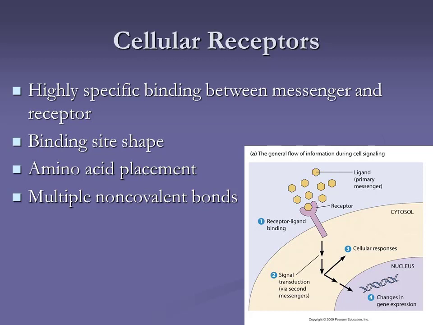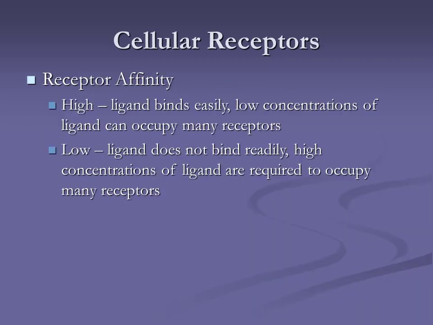The other factor in signaling is going to be how strong a receptor can bind to the ligand. This is referred to as affinity. Think of magnets. Have you ever played with magnets before? Like refrigerator magnets you may have, or some little toy magnet. Yeah, that's one thing. Have you ever got a hold of one of these rare earth magnets?